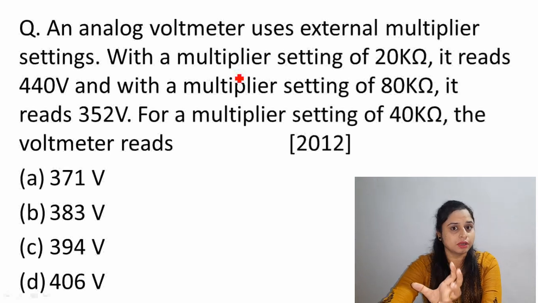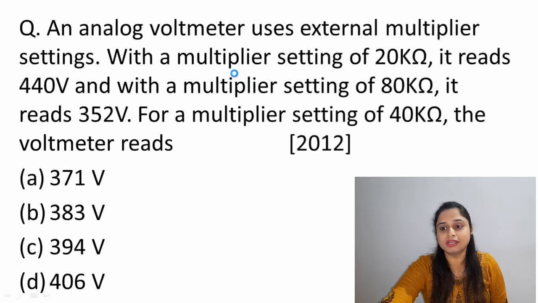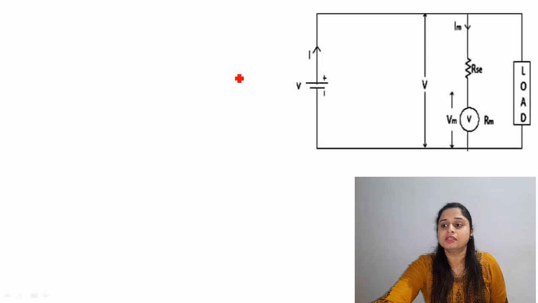From this complete numerical, you can draw the diagram like this. This is nothing but the resistance in series with the voltmeter. This resistance is your series multiplier, which is denoted by RSE. The voltage across the voltmeter is denoted by Vm, and the internal resistance of the voltmeter is denoted by Rm.